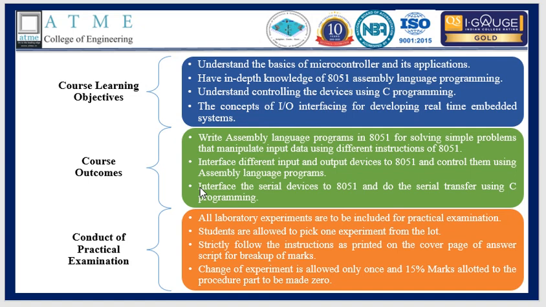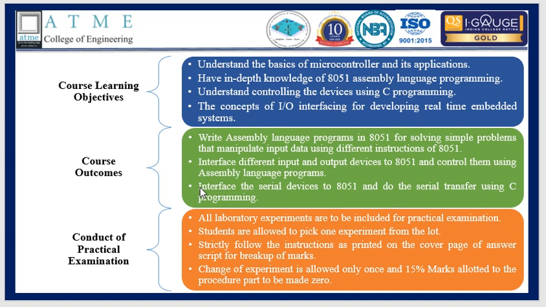After the student has completed the laboratory, what is the outcome? The course outcomes of 18ECL47 are: the students will be able to write assembly language programs in 8051 for solving simple problems that manipulate input data using different instruction sets of 8051.